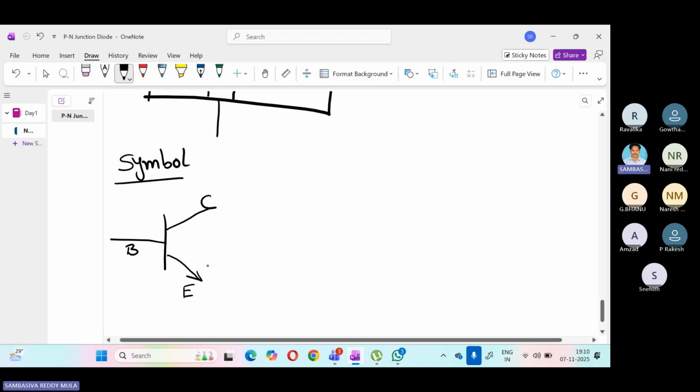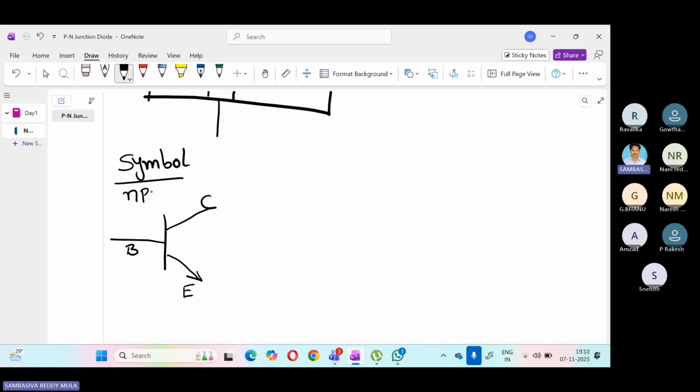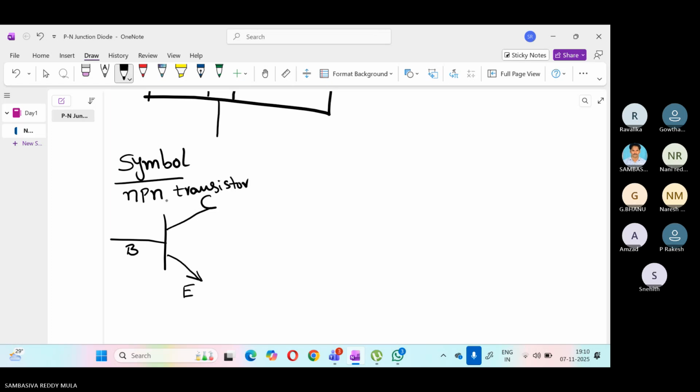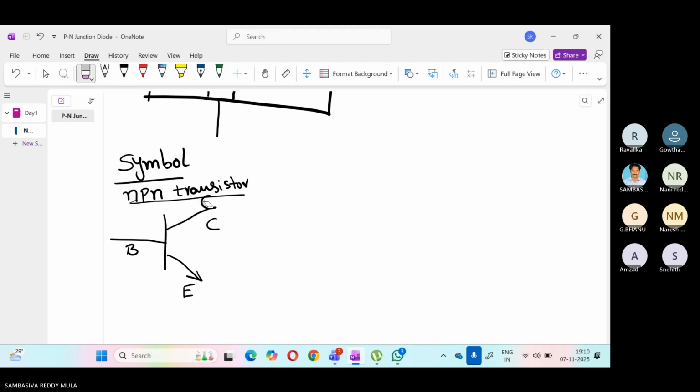This arrowhead represents that this is an NPN transistor.